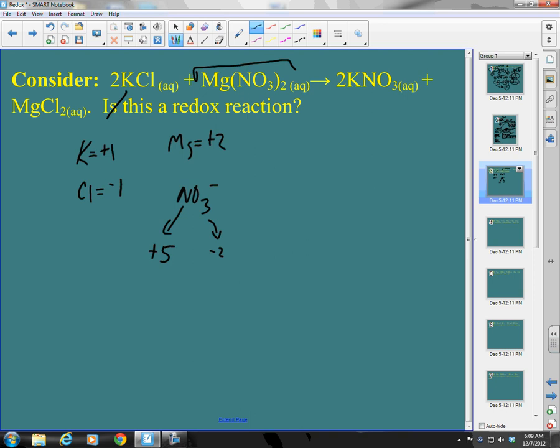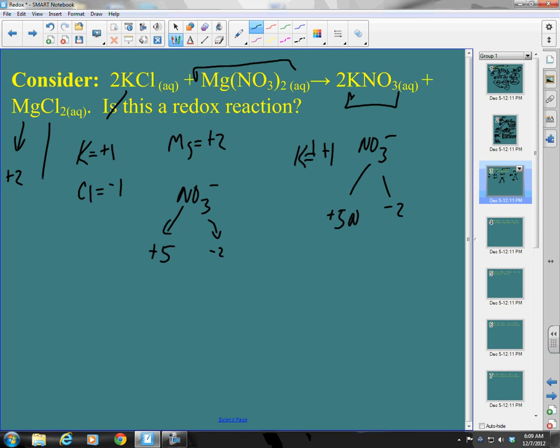We come over here. I have KNO3. My NO3 is still minus, and my K is a plus. So I have a +1 for my K, +5 for my nitrogen, -2 for my oxygen. And my magnesium is still +2.